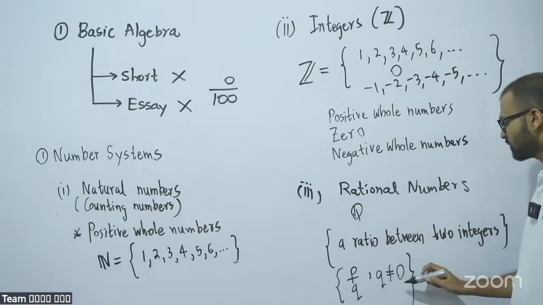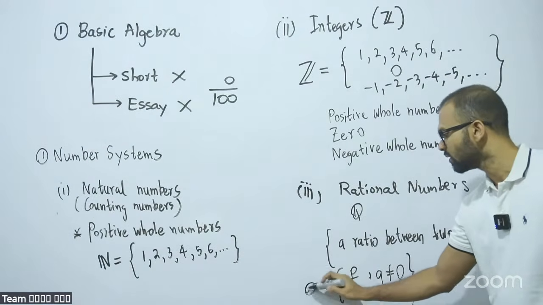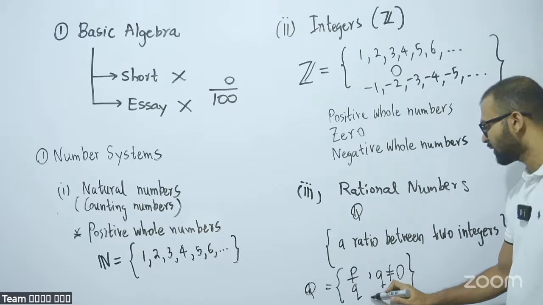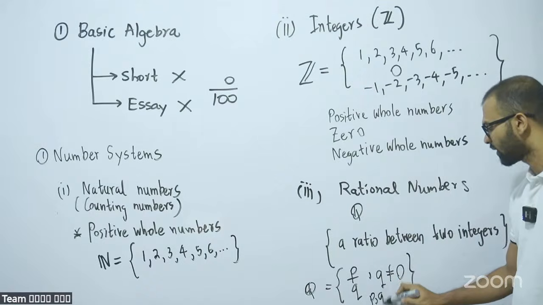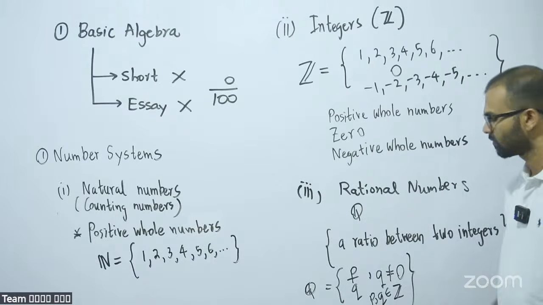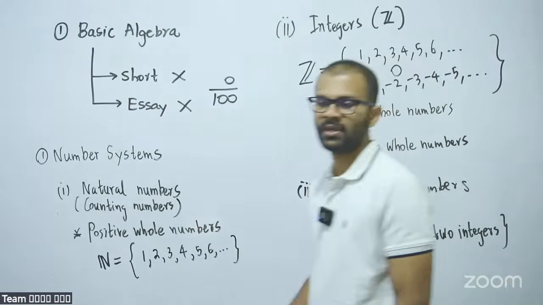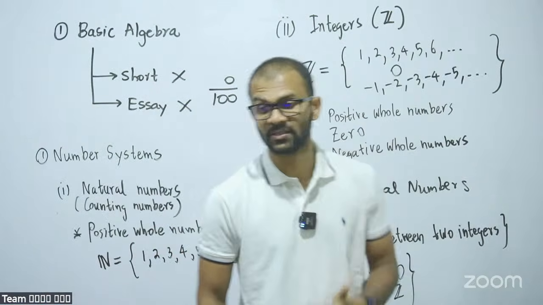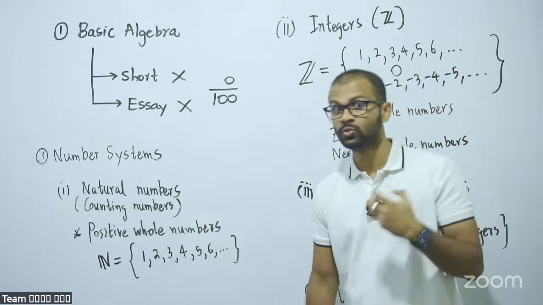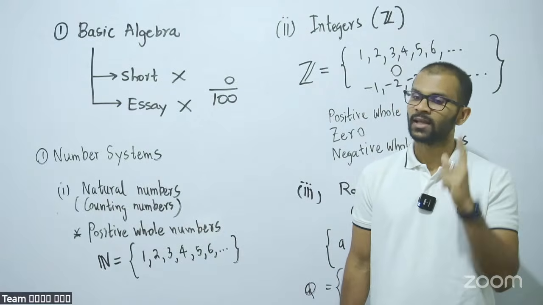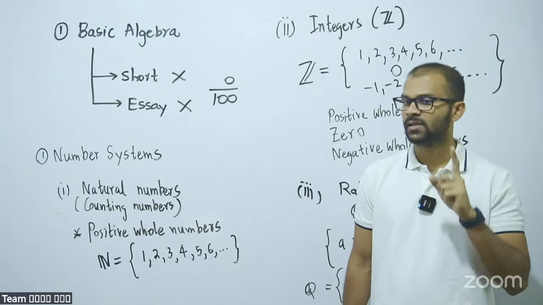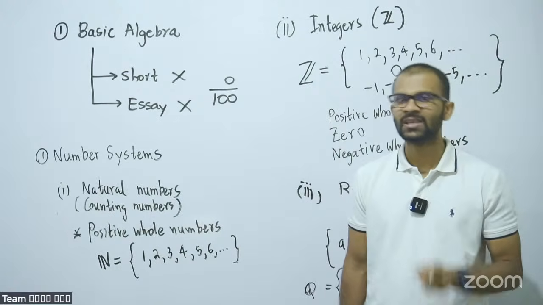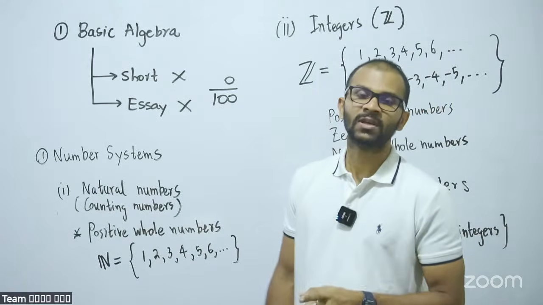So this is the rational number, where P, Q belong to Z. Right? P and Q are two integers, not natural numbers. P and Q are two integers, and the divisor, the denominator, can never be 0. If it is 0, it is not defined.